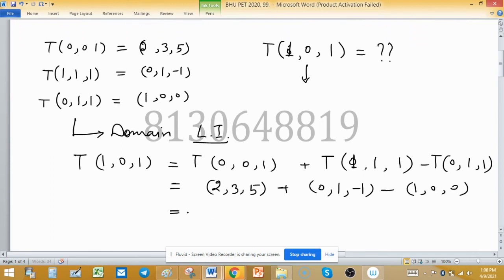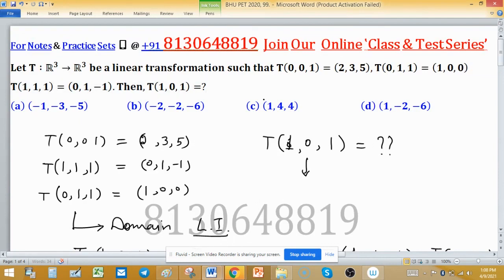These are ordered pairs, so 2 minus 1 gives you 1, 3 plus 1 is 4, and 5 minus 1 is 4. 1 4 4 is the image of this asked element, so option C is correct.